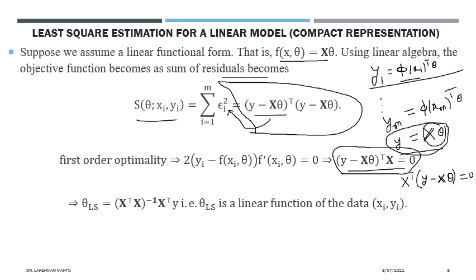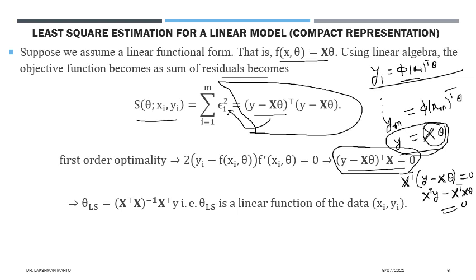Further, if you simplify, then you will get bold X, the data matrix, transpose y minus X transpose bold X theta equal to 0.